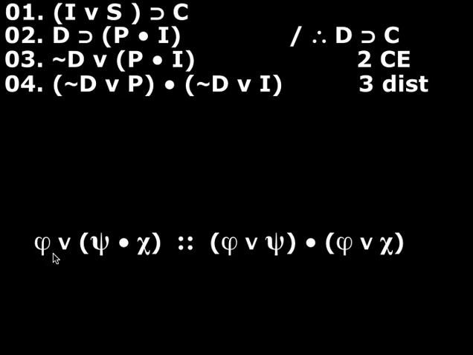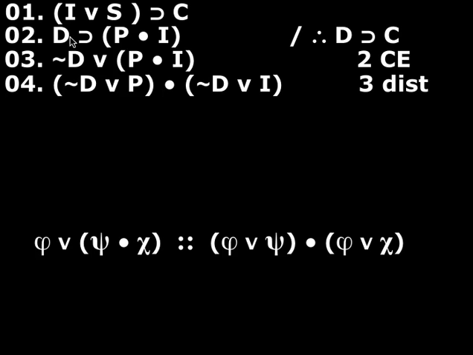And the way that works is that my first disjunct here becomes the first disjunct in both of these. So not D becomes the first disjunct here, not D and not D. The second disjunct in each case is just these two in order. Not psi goes here, chi goes there. So P goes there and I goes here. So that's just distribution. Okay, moving from this to this.